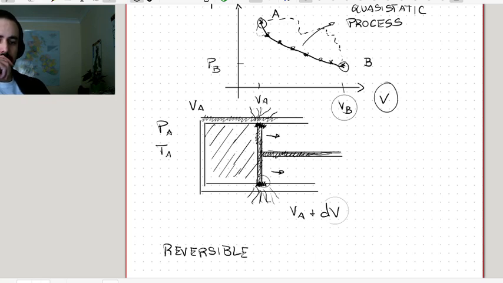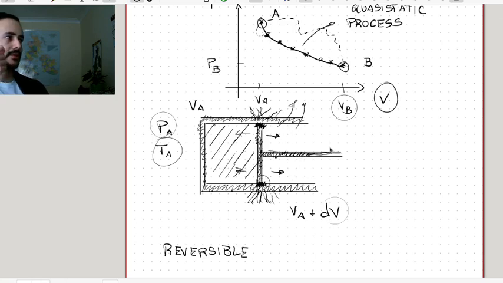The point is that the piston will go back to its original position, and then the pressure and the temperature of the system will again become exactly what they were before, PA and TA, but the environment will not surrender all the heat it absorbed during the expansion due to the friction, but actually will receive even more heat, because when I push the piston in the other direction, friction is again being made and more heat is being dissipated into the environment.